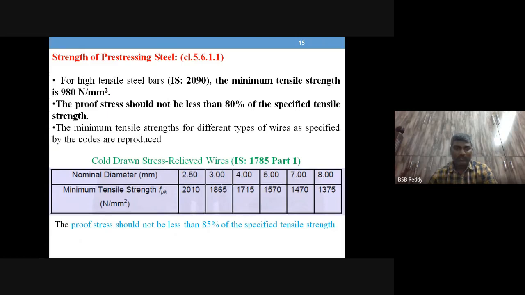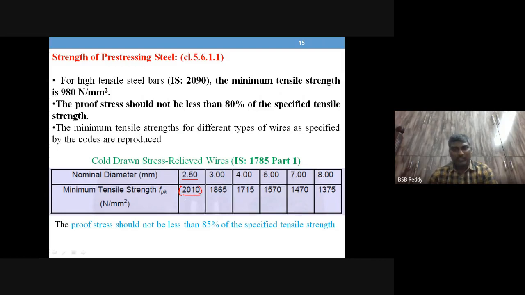So all these tensile strength values, say this is 2010 for 2.5 mm diameter cold drawn wire. So when you are using this wire for pre-stressing purpose, you cannot go for 2010 megapascal.